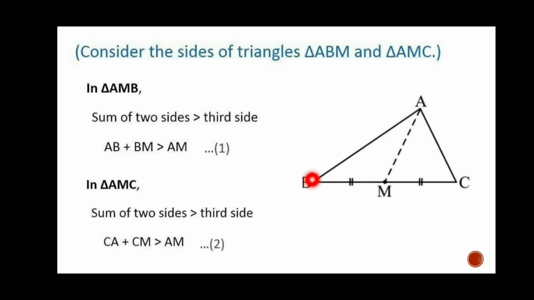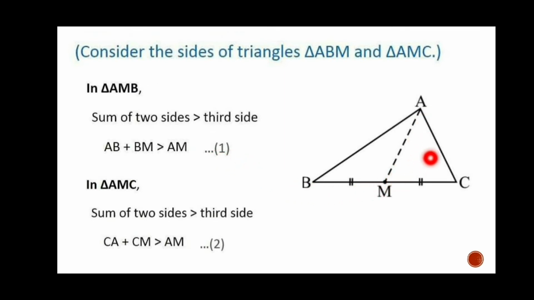So in triangle AMB we will apply the side sum property. The sum of the two sides, AB plus BM, is greater than the third side, which is AM. So we can write AB plus BM is greater than AM. Let us call it equation 1.